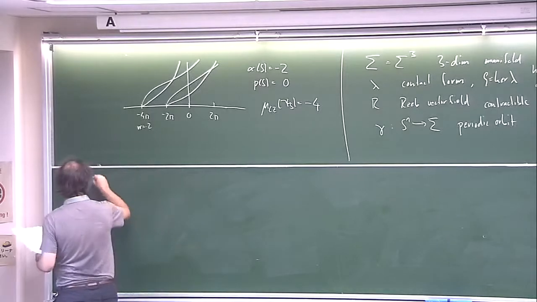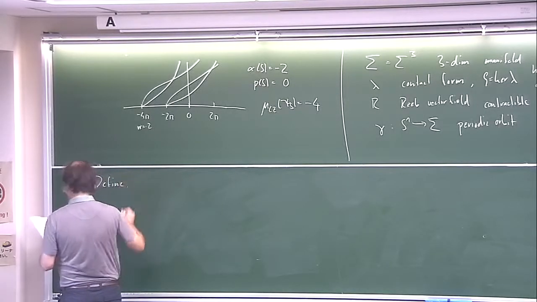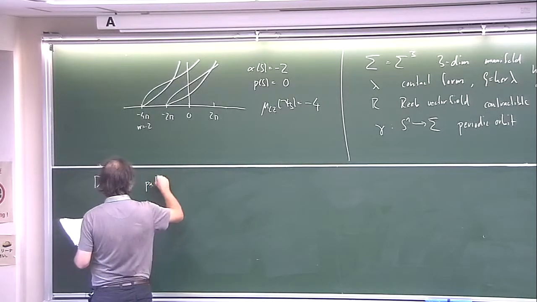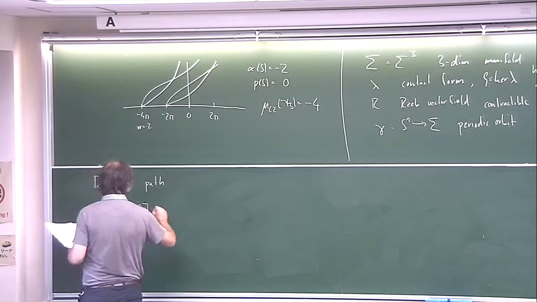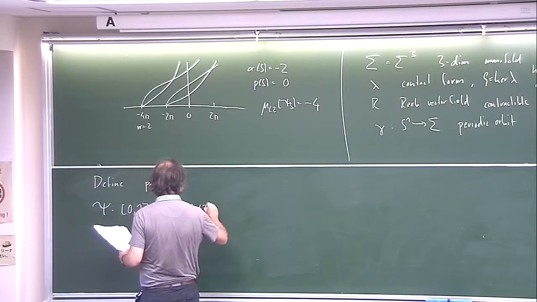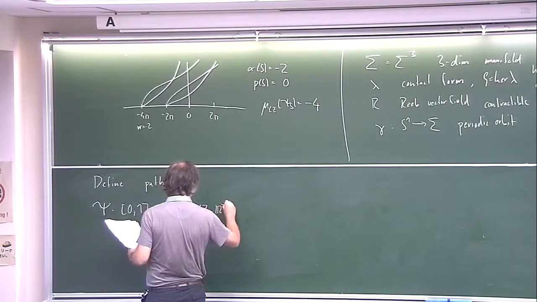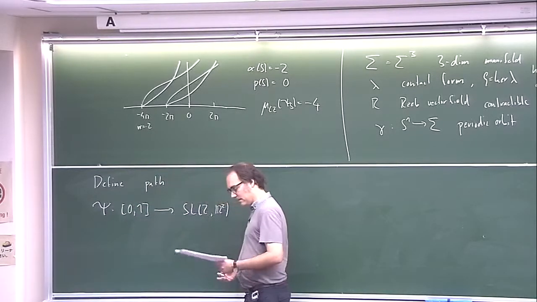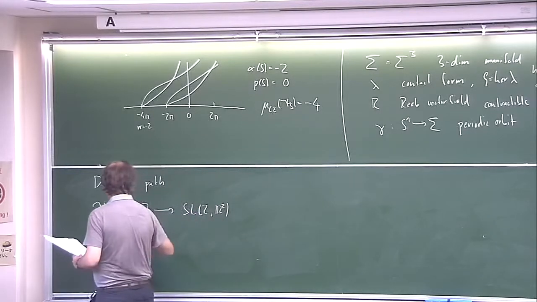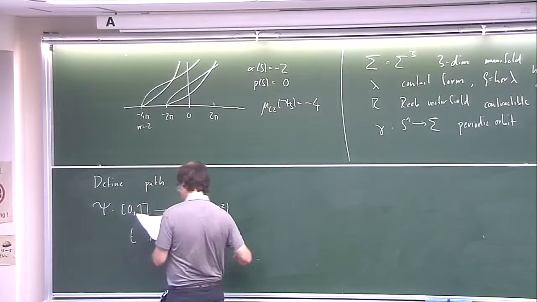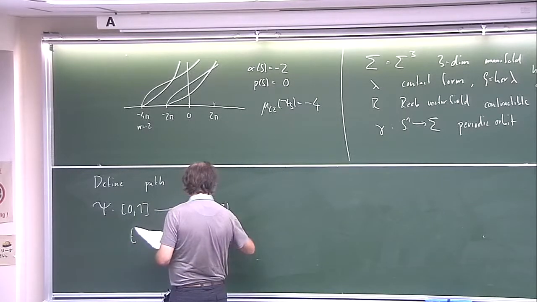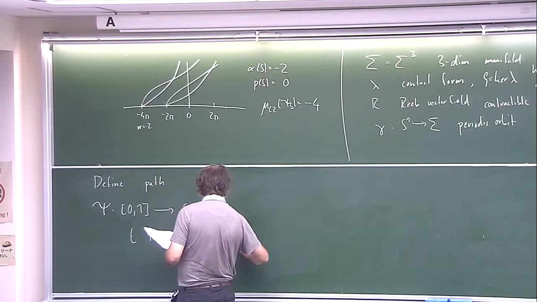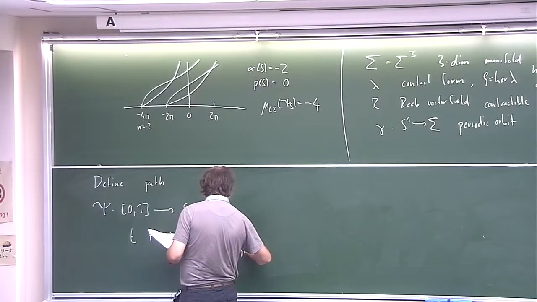So define a path psi from [0, 1] to SL(2, R). T maps to, so we look at the differential of the flow phi_R^T restricted to psi gamma 0.